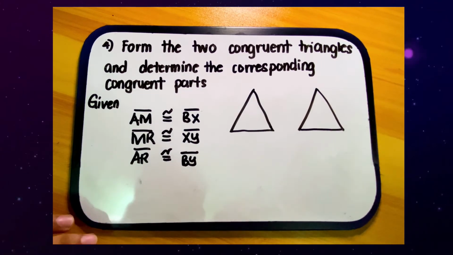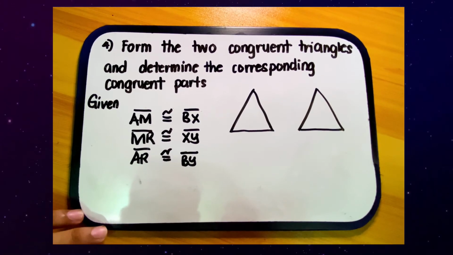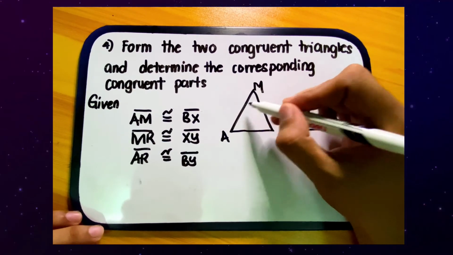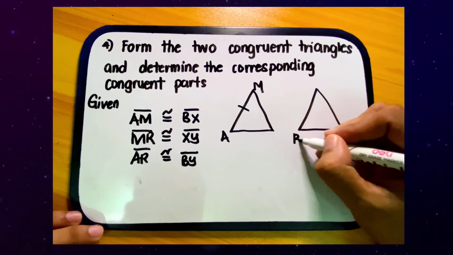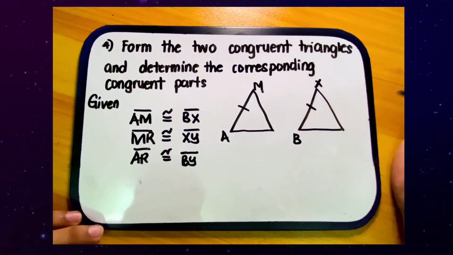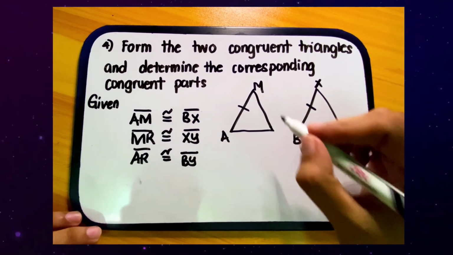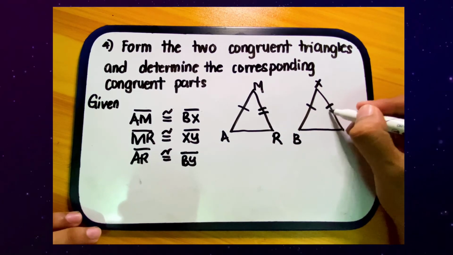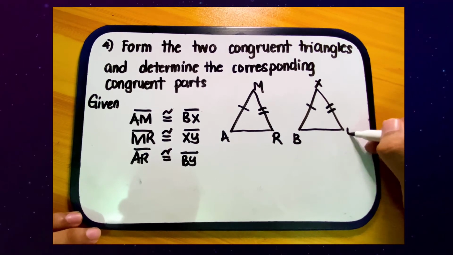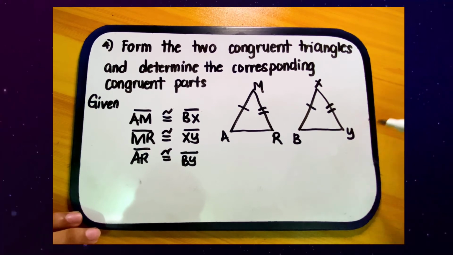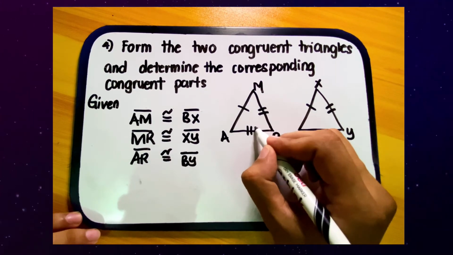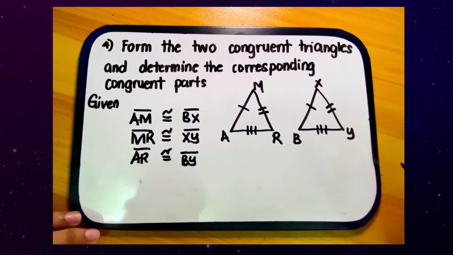Okay, so side AM is congruent to side BX. So we can write here, side AM is congruent to side BX. Then side MR, second pair, is congruent to side XY. Therefore, side AR is congruent to side BY. So the third pair. So just as simple as that.